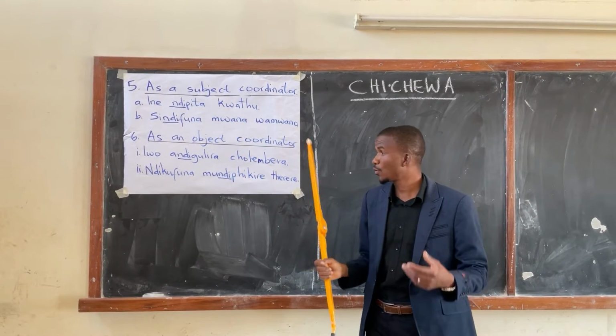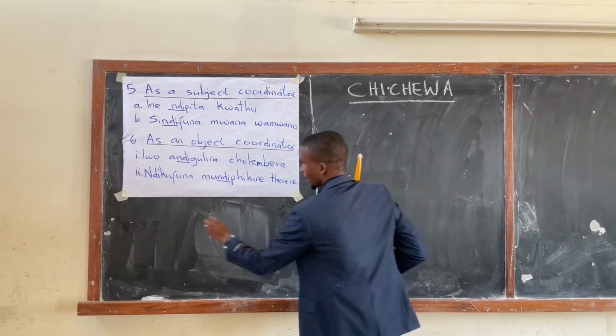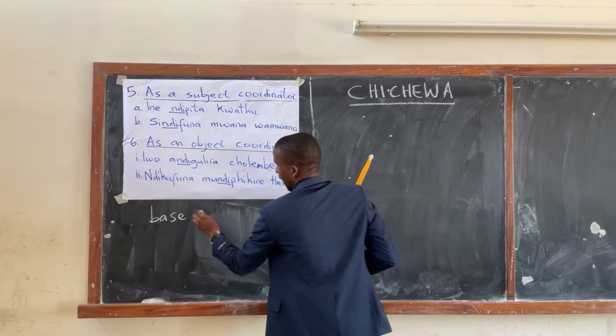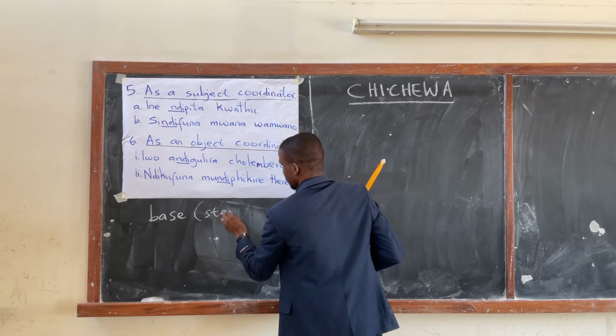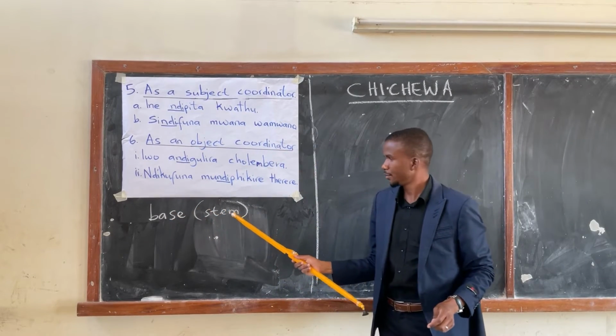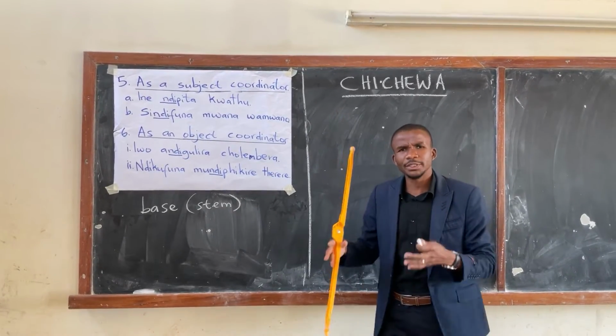There is what we call the base or the stem. Others refer to it as the stem. Base or stem, this is what constitutes the actual meaning of the word.